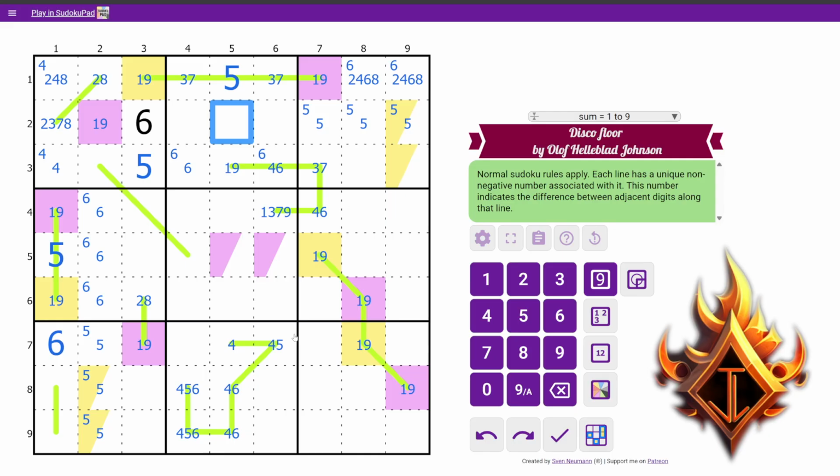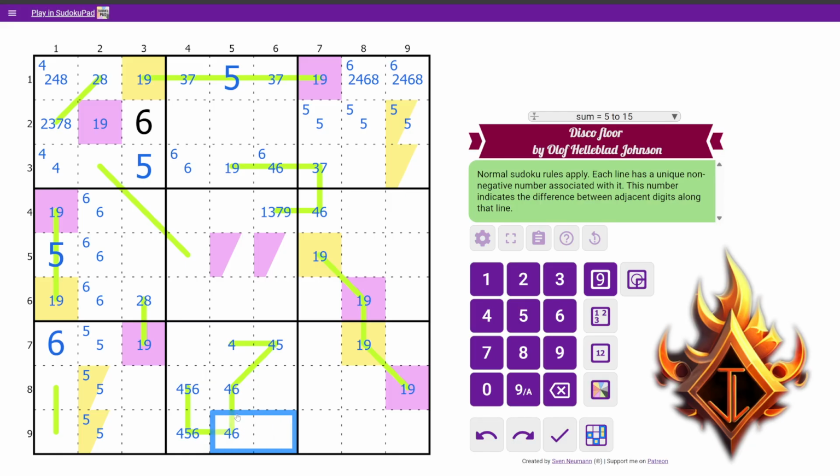So, does pink go on here? I guess pink could even go there.